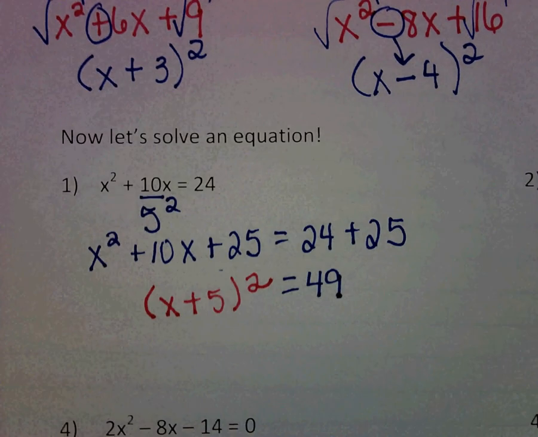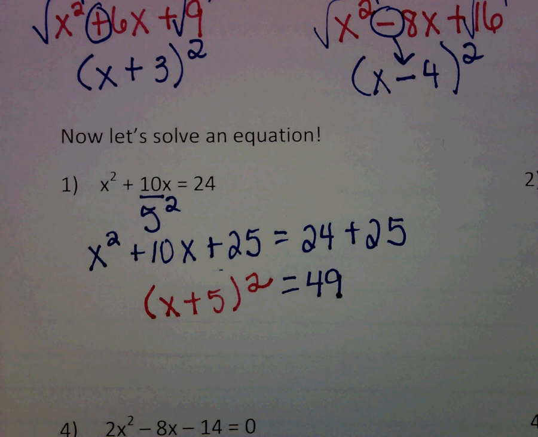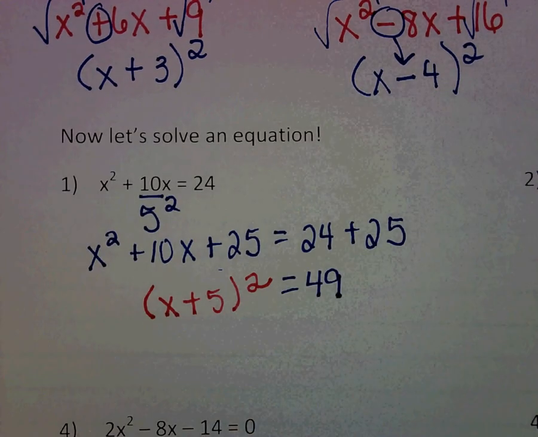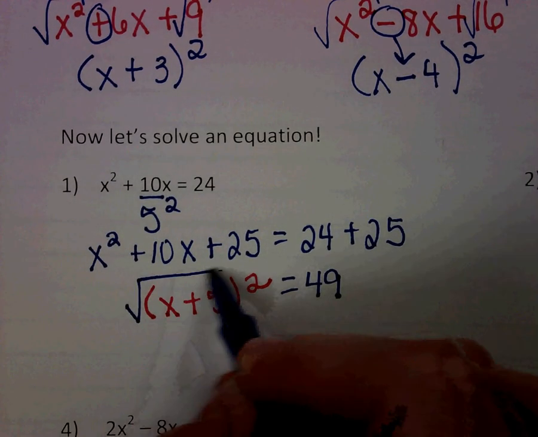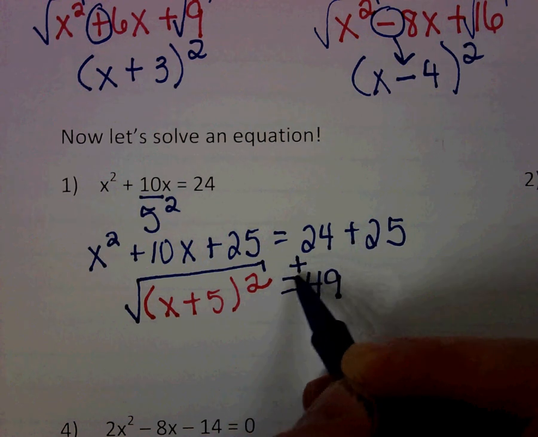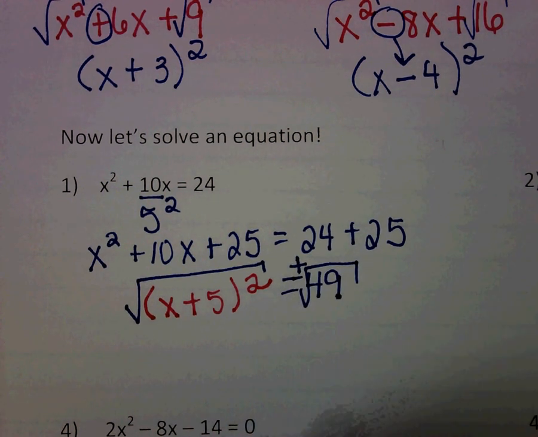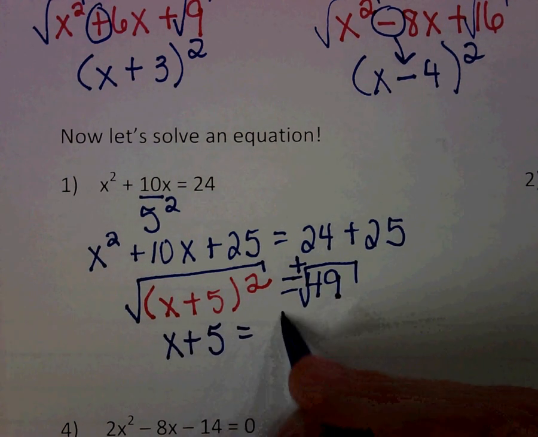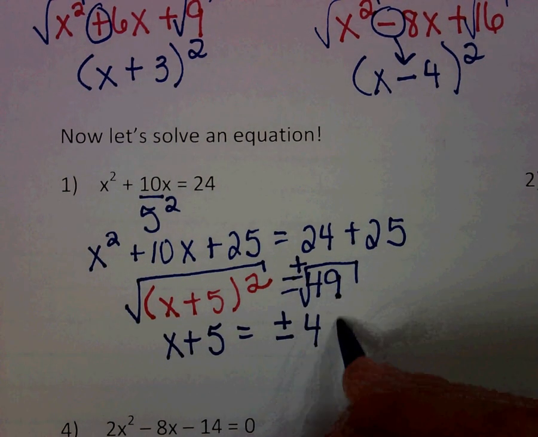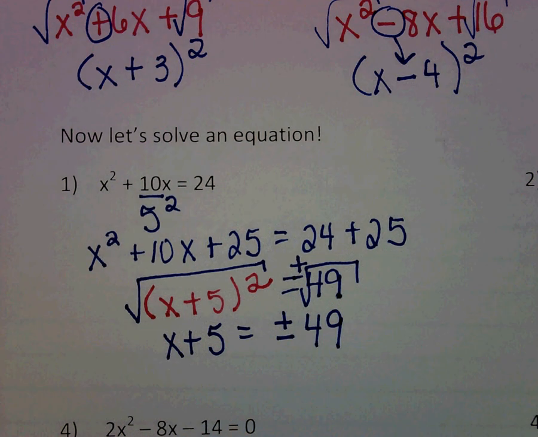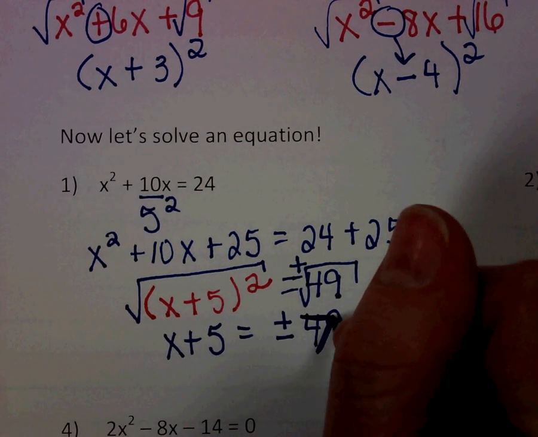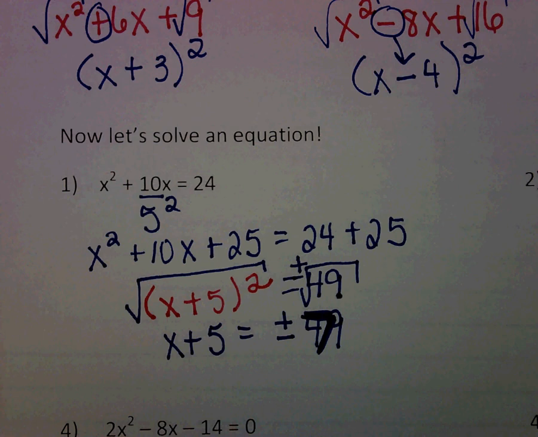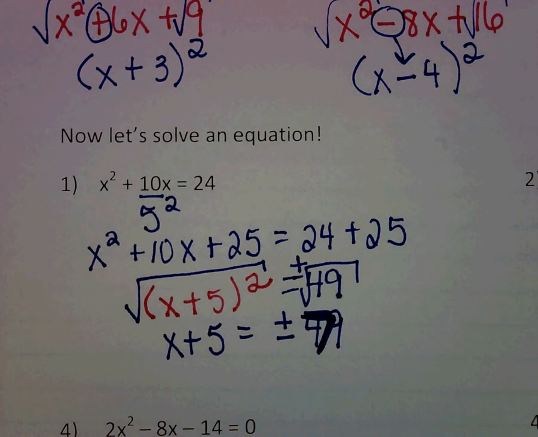Okay, so we're going to take the square root. Remember, we take plus or minus the square root. So we have x plus 5 equals positive or negative 7, because the square root of 49 is 7.